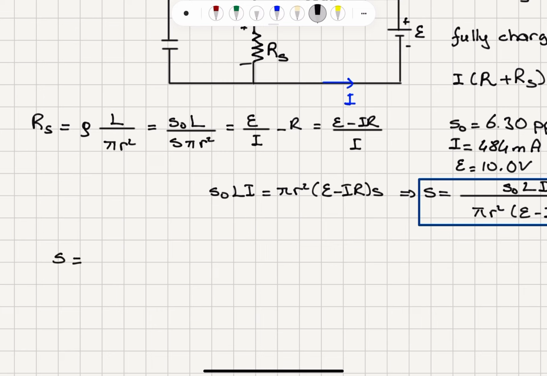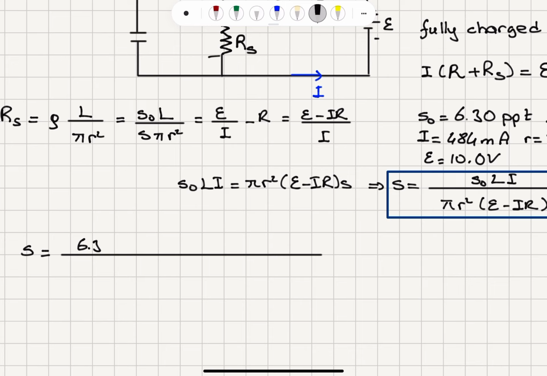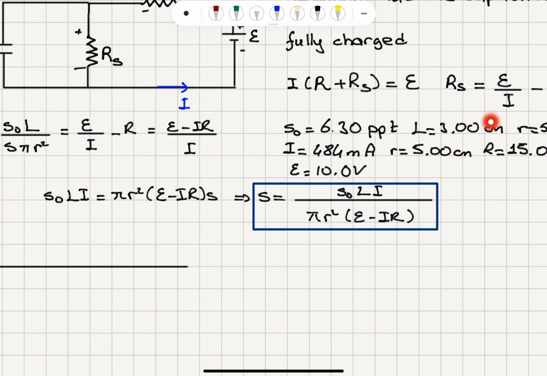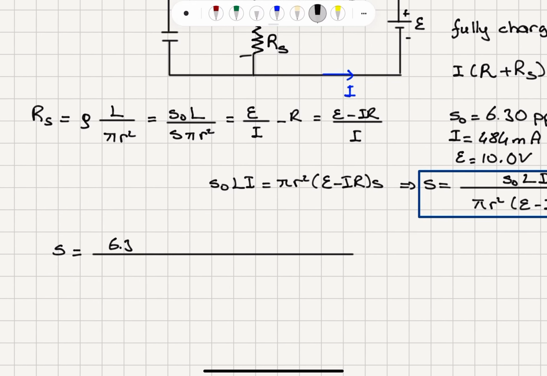S is equal to, S0 is 6.3 ppt. So we're going to have 6.3 ppt for S0. The length is 3 centimeters. It's given here. It is 3 times 10 to the minus 2 meters. Then we have the current, 484 milliamps, 484 times 10 to the minus 3 amps, divided by pi r squared.